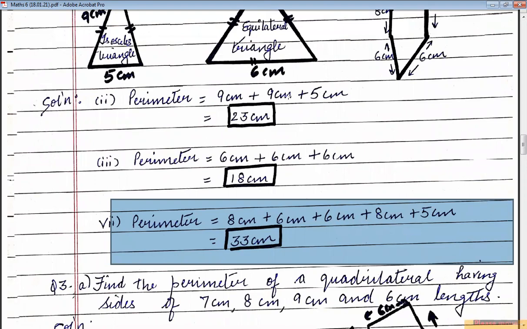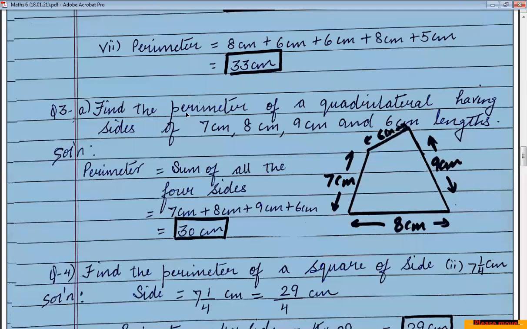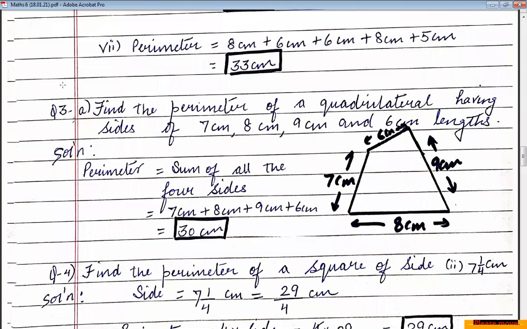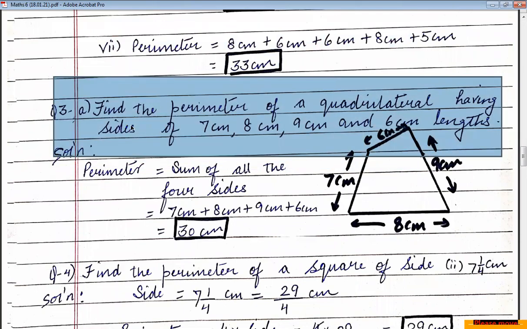Now let us move on to question number 3. Again the same, but in this you have to find the perimeter of a quadrilateral having sides 7 centimeter, 8 centimeter, 9 centimeter and 6 centimeter. So children, you are given all the four sides of a quadrilateral.